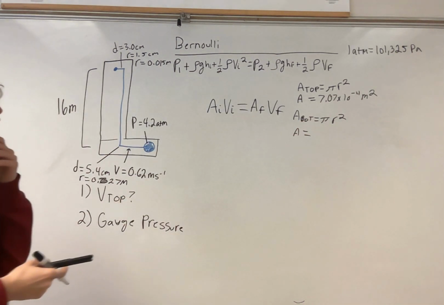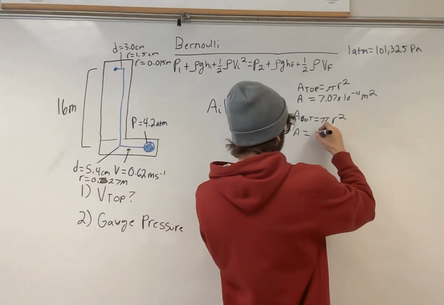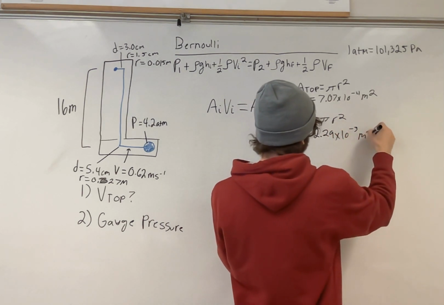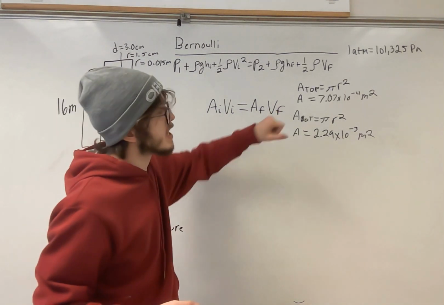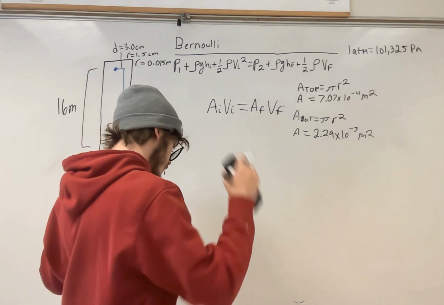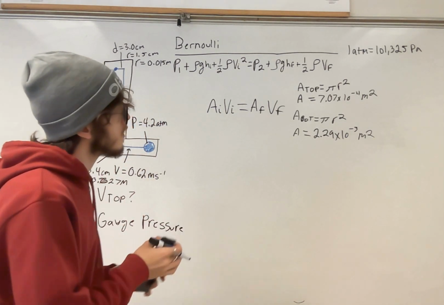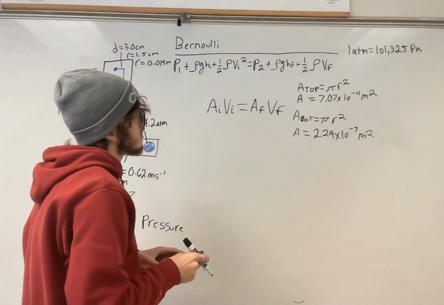We will find that the area of the bottom pipe is, and let me just run the calculation, 0.027 meters, squared. We're going to see that the area is 2.29 times 10 to the negative 3 meters squared. So the area significantly shrinks at the top. That's important. Squeezing a pipe will allow us to go faster, so we expect that the final velocity might be a little faster.